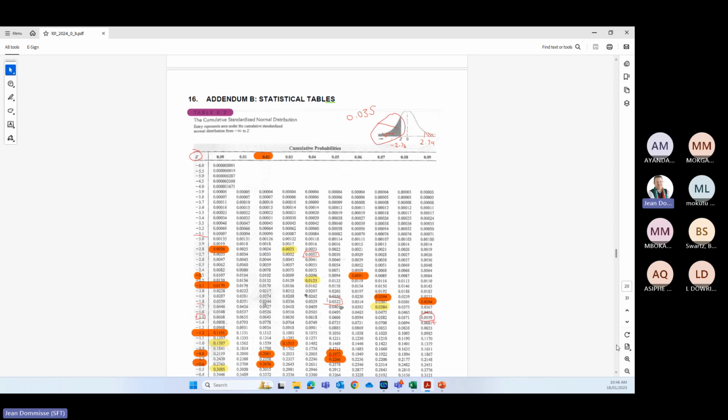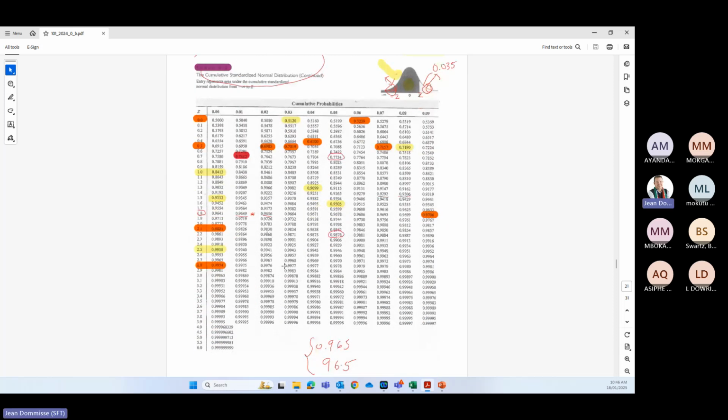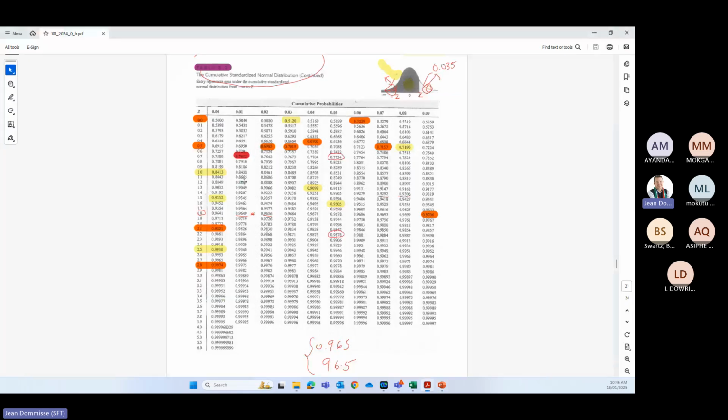Let's go to the positive 2.83. That gives 0.9977. Then minus 1.77.